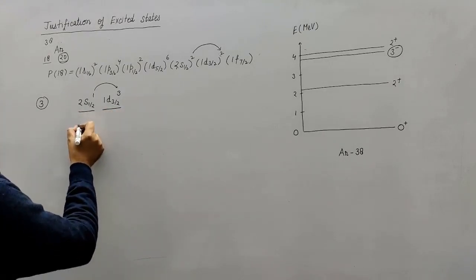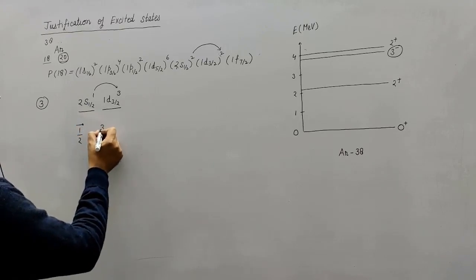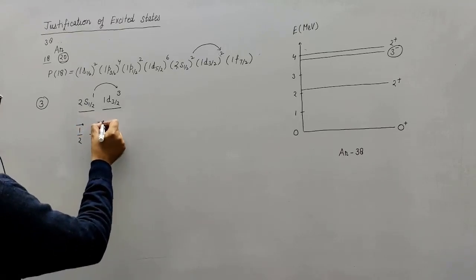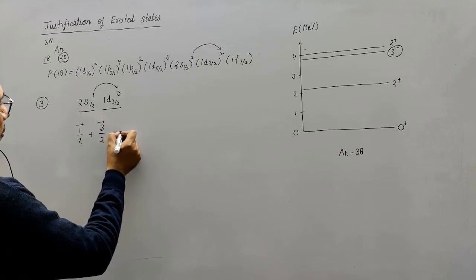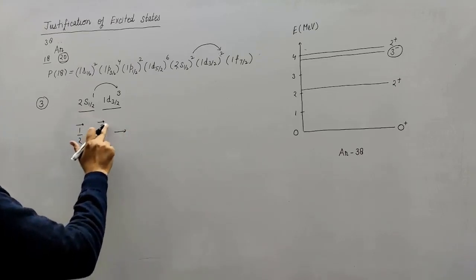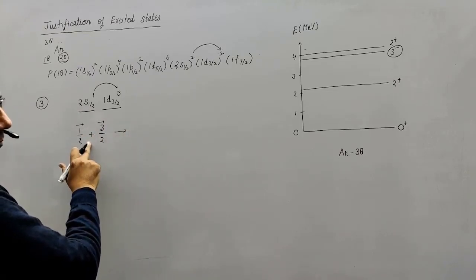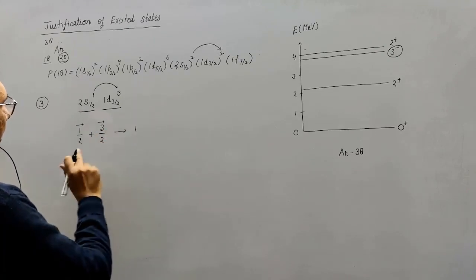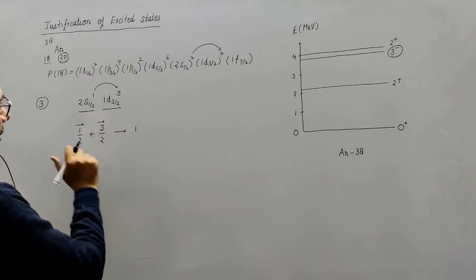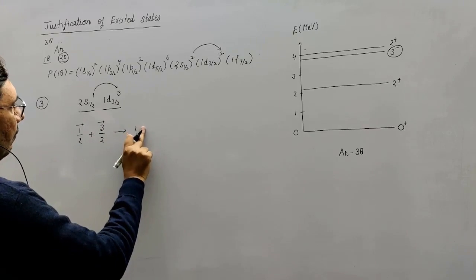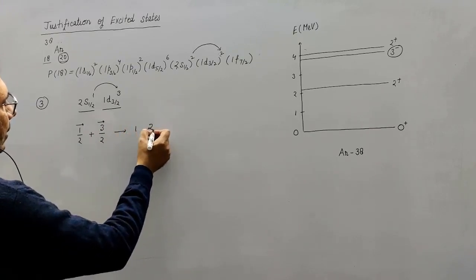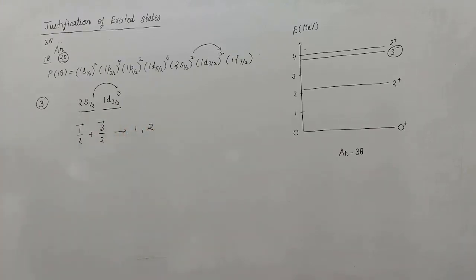These J values will be possible: 1/2 plus 3/2. They can give us 3/2 minus 1/2, so this will be 1, and 3/2 plus 1/2, so this will be 2. They will provide us 2 values of J. So 2 J values are possible, 1 and 2.